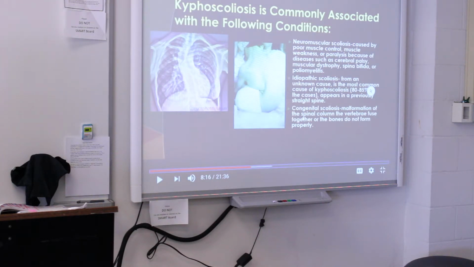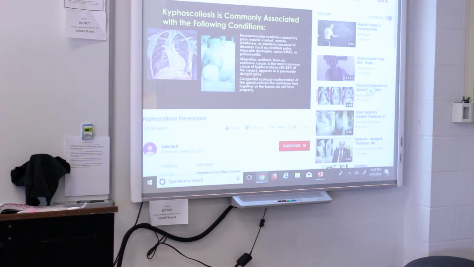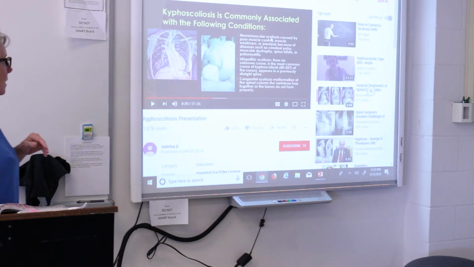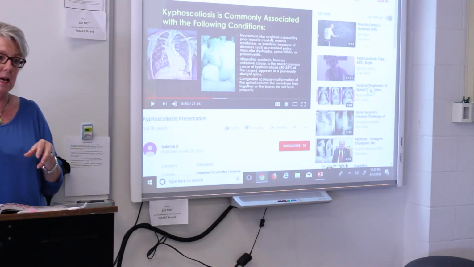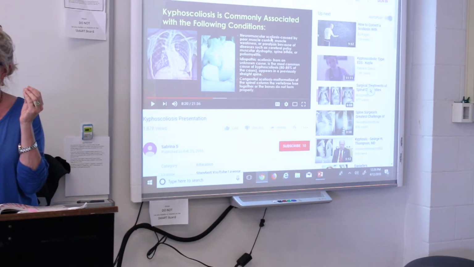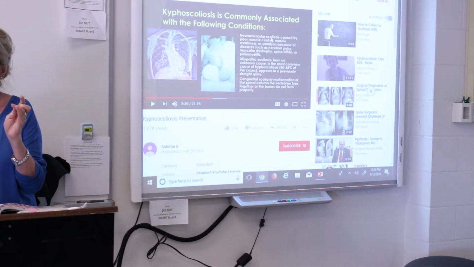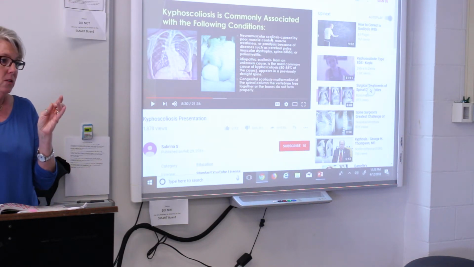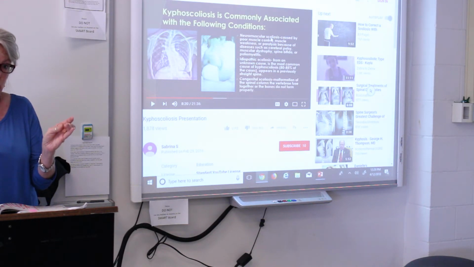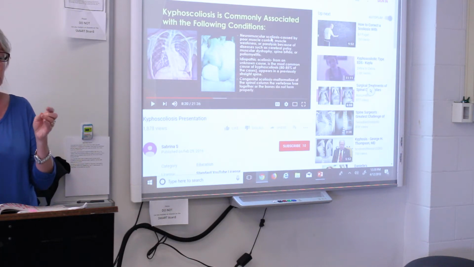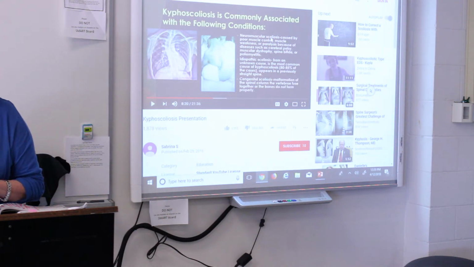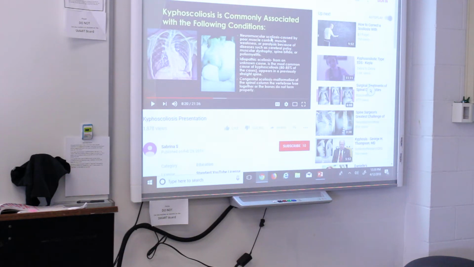So the thing is, when someone does come in with this type of abnormality, we realize that they're going to have two things going on, probably restrictive and obstructive lung disease, and we're going to need to get rid of secretions, provide oxygen, and they may or may not go on mechanical ventilation depending on how severe their breathing is affected. So you would do CPT like regular with that?